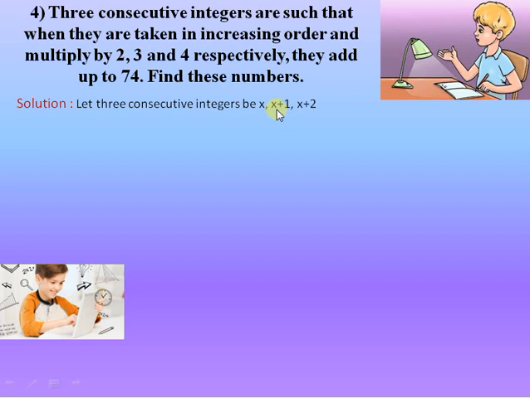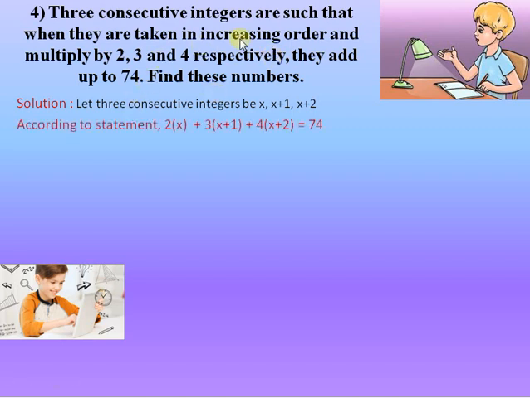The next integer will be x plus 1 by adding 1, and the next number will again be got by adding 1 to the previous number. So let the 3 consecutive integers be x, x plus 1, x plus 2 here.